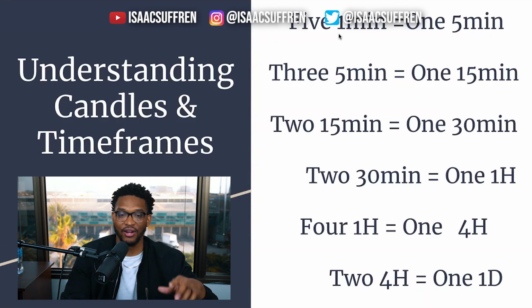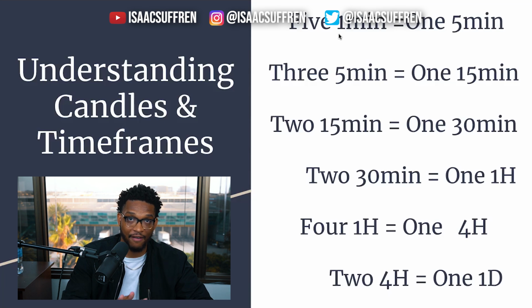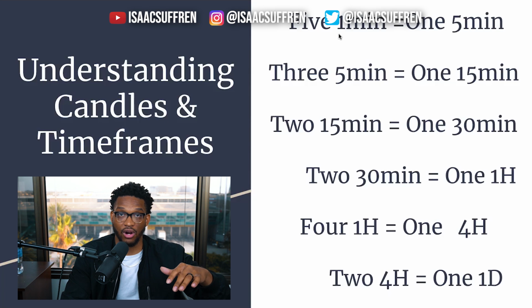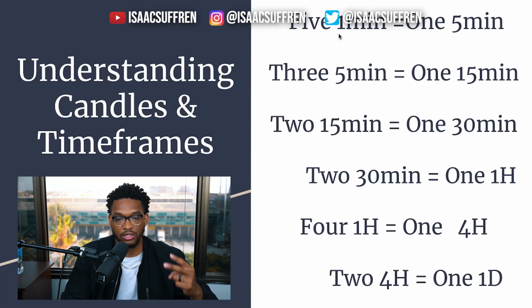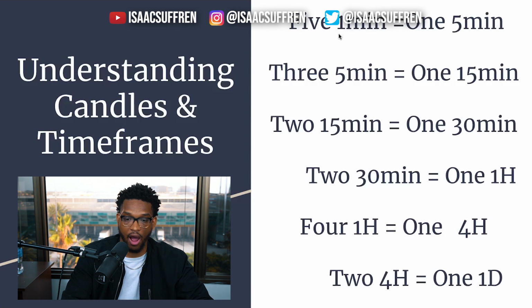On the 1 minute chart, you need 5 1-minute candles to make up 1 5-minute candle, right? When you go to the 5-minute chart, 3 5-minute candles equal 1 15-minute, 2 15-minute equal 1 30-minute, 2 30-minute equal 1 hourly, 4 hourly equal 1 4 hour, and 2 4 hour candles equal 1 daily candle.